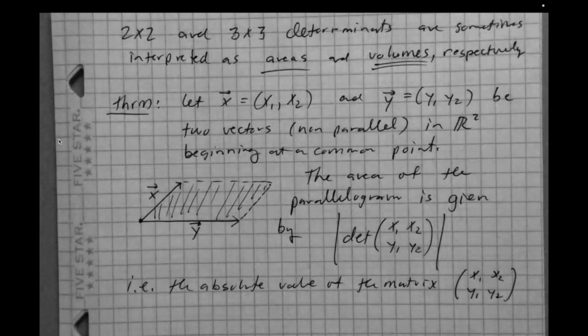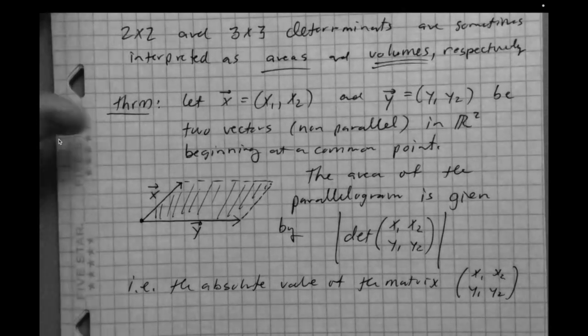Okay, so that matrix. Very cool, right? The parallelogram that is implied by these two vectors x and y, the area of that parallelogram can be found using the determinant.